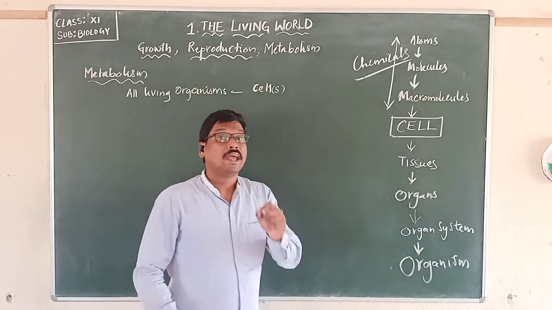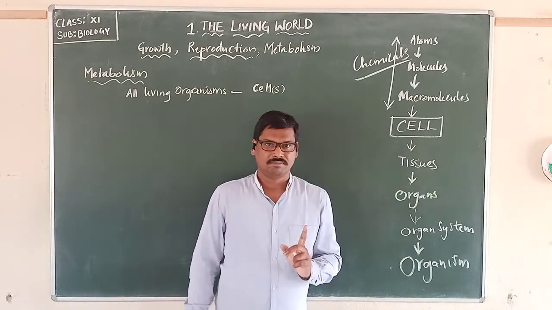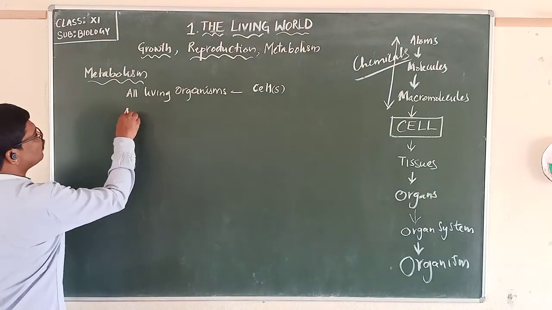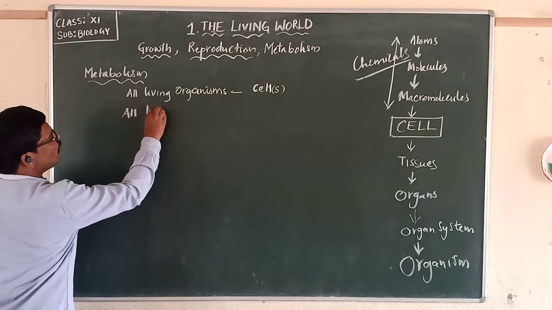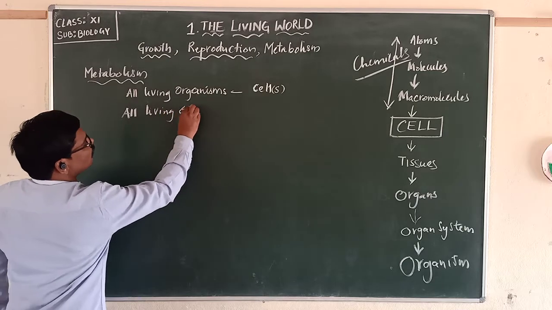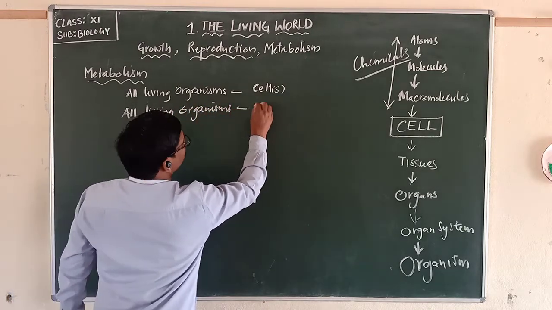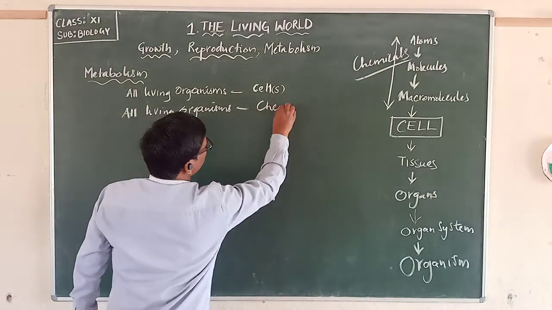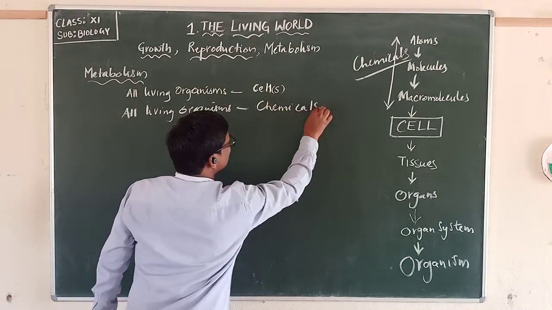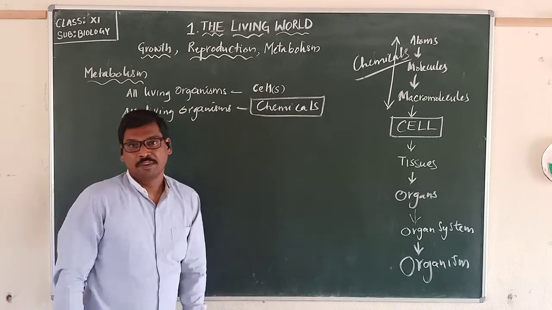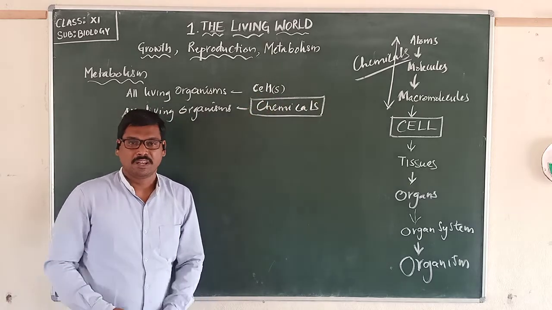Which means all living organisms are made up of chemicals. Let us come to this conclusion: all the living organisms are made up of chemicals. This is a very important point that we have to remember.